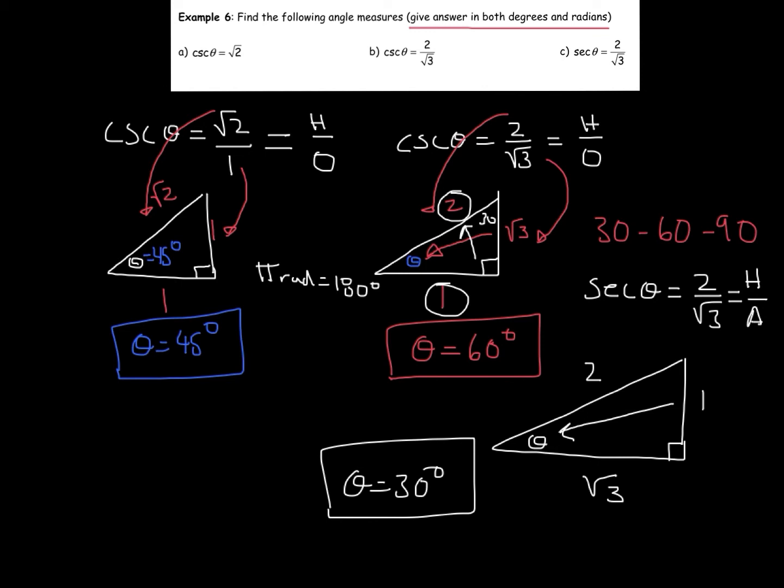So we'll do this 45 one first. 45 degrees times, because you're multiplying by the conversion factor, pi radians over 180 degrees.